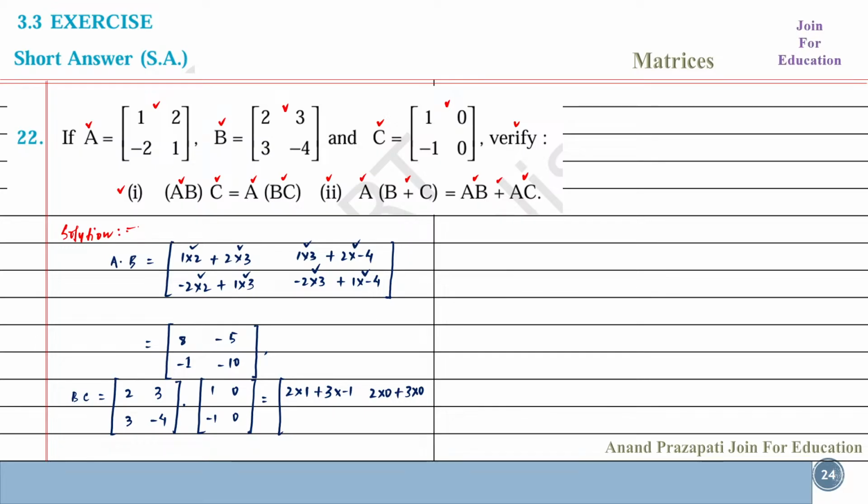Here will be 3 into 1 plus minus 4 into minus 1, and here 3 into 0 plus minus 4 into 0.